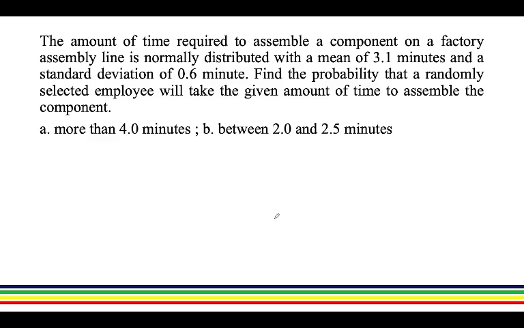Now let's solve another example. The amount of time required to assemble a component on a factory assembly line is normally distributed with a mean of 3.1 minutes and a standard deviation of 0.6 minutes. Find the probability that a randomly selected employee will take the given amount of time to assemble the component.